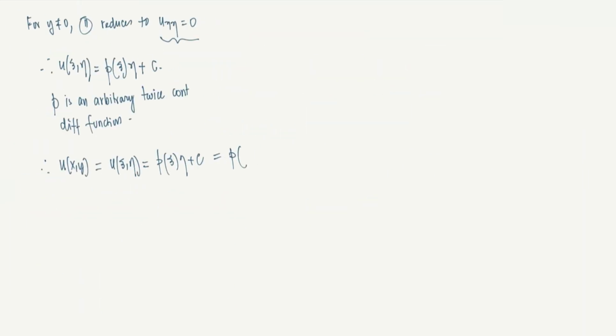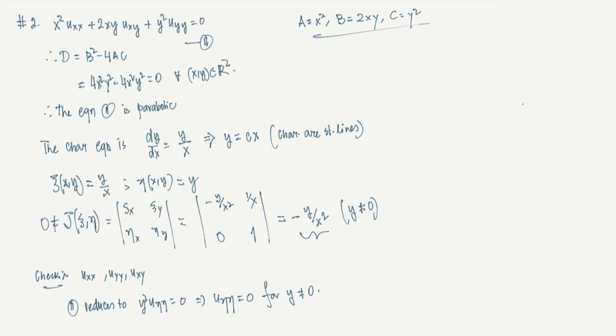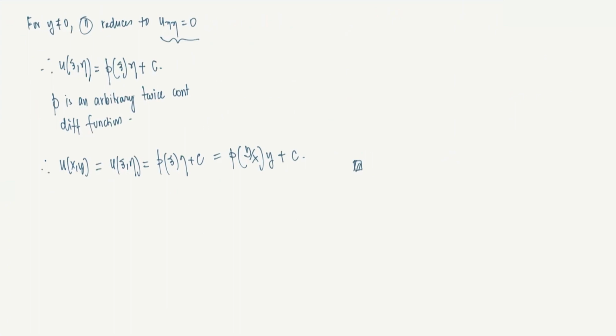So this is p of y by x times eta, and eta is nothing but y plus a constant c. So that's your solution, where p is twice continuously differentiable. You do realize that the original equation 2 is a much more complicated problem, but this equation turns out to be much easier.